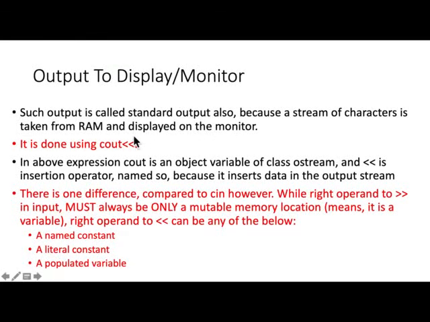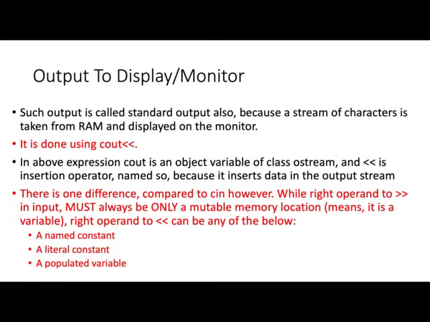So when you have two less than signs, that's called the insertion operator. The extraction operator points to cin, its left operand.